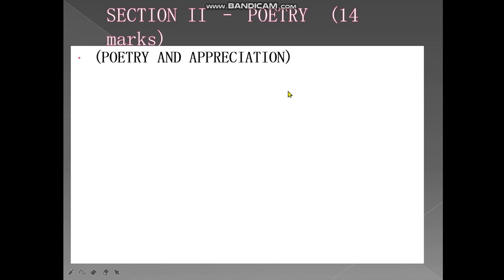This year they applied the same pattern, but in a very precise manner. They have given you ready-made points. Whatever you understood about that poem, you should write in those given points. That is called appreciation. When I teach you any poem, we will see that in depth, but I am just telling you the meaning of appreciation.